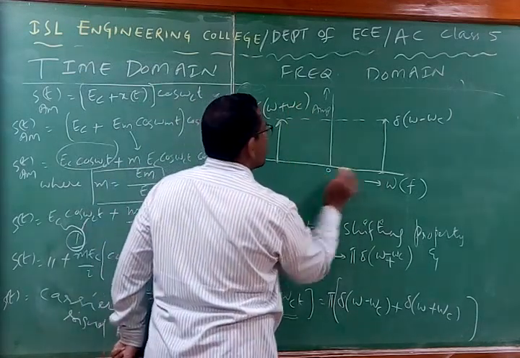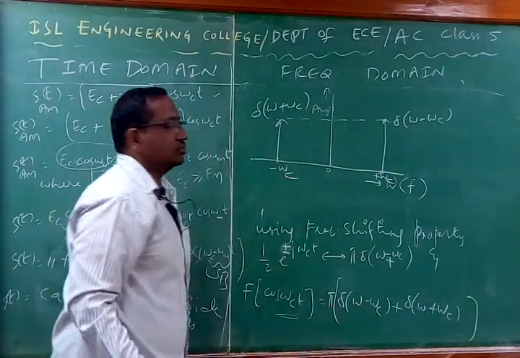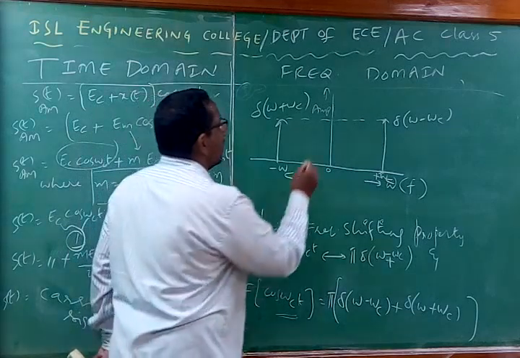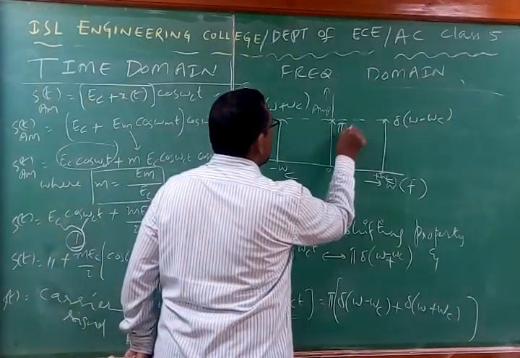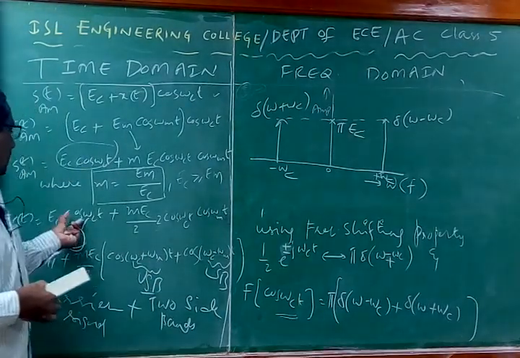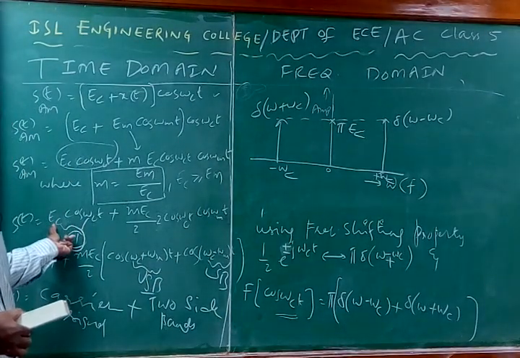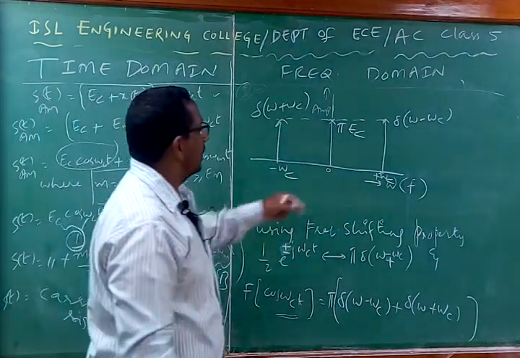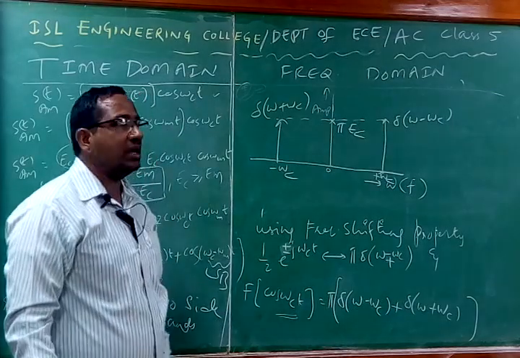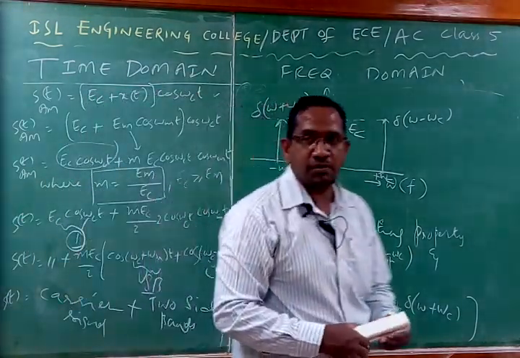So this is omega c, and this is minus omega c. This is the spectrum that we have got. What is the amplitude of this spectrum? It is pi into EC, because EC is a constant parameter, the maximum carrier signal amplitude. So finally the amplitude of the signal in the frequency domain is pi into EC. This is the frequency response of the signal.